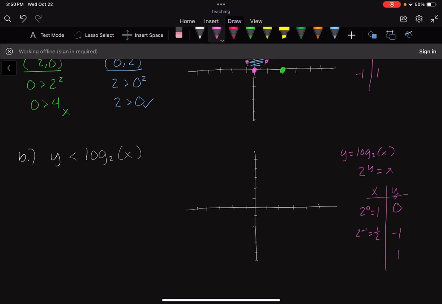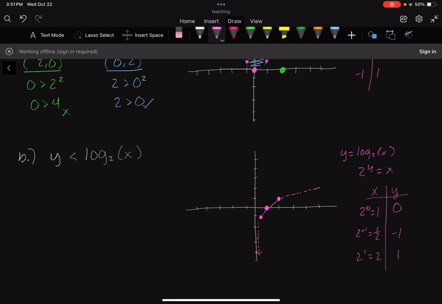If I do positive 1, I get 2 to the 1, which is 2. So I'm going to graph all my points. I already know what it looks like, so I feel good with just 3 points, but if you need more, you can plug in more.